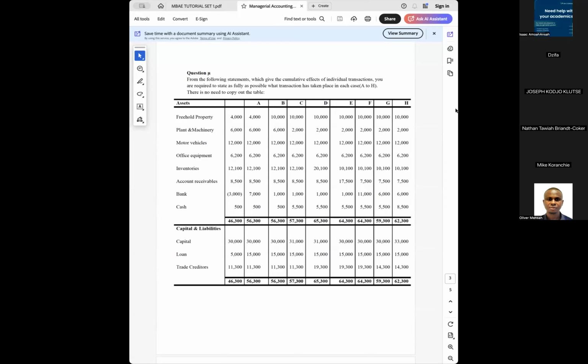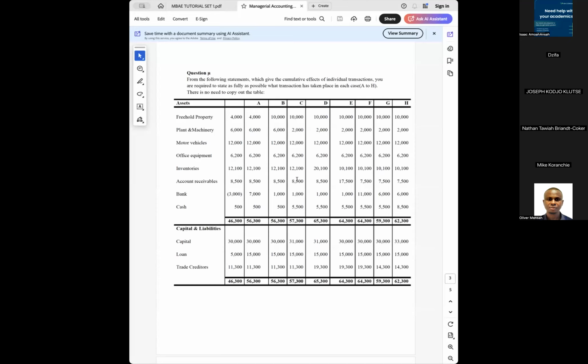Okay. So we've begun the discussion on the accounting equation. Last week, we looked at how transactions affect the accounting equation cumulatively. Right.